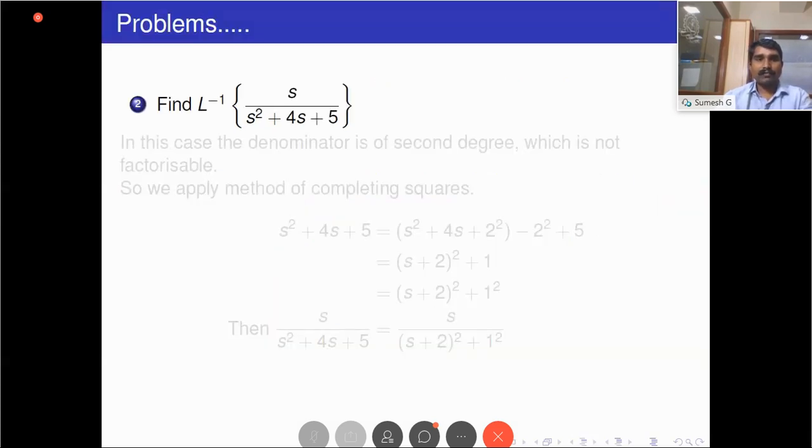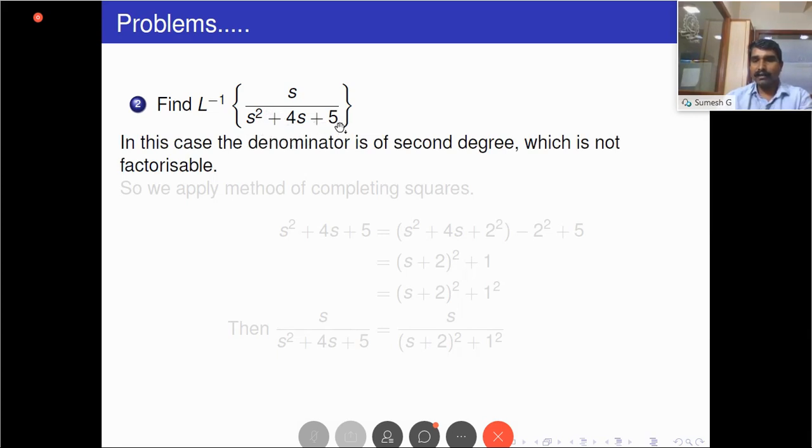Second question, find the inverse Laplace transform of s by s square plus 4s plus 5. In this case also, first consider the denominator is of second degree and it is not factorizable. We have to apply the method of completing squares.